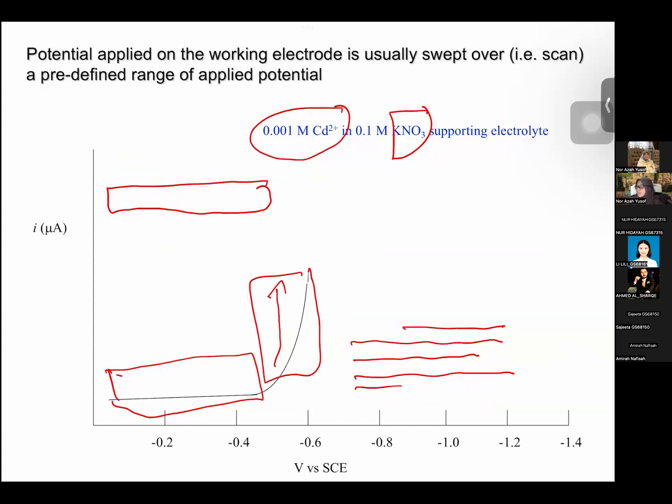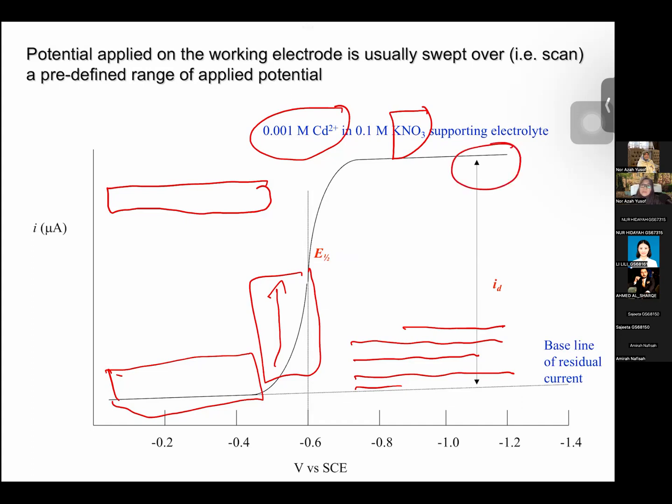And next, what happened is there is also a limitation here. This shows that all the cadmium 2+ has been converted. So for voltammetry, the technique will give you two pieces of information.